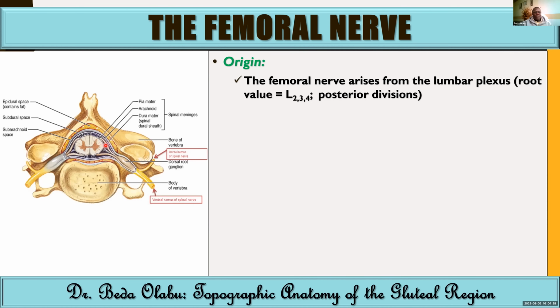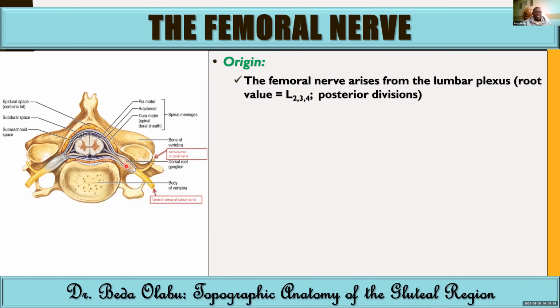Related to the dorsal root is a ganglion. A ganglion is a collection of cell bodies of neurons, so it feels like a swelling. Because it is located near the dorsal root, we call it the dorsal root ganglion. It's a sensory ganglion, cell bodies of sensory nerves. All in all, the dorsal root and the ventral root join to form the spinal nerve.